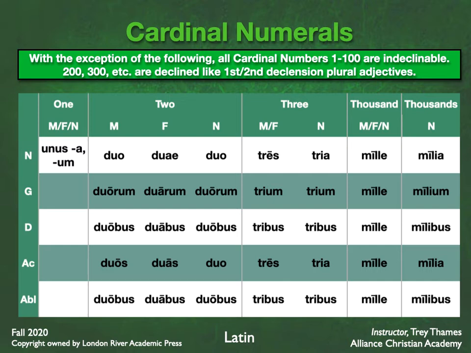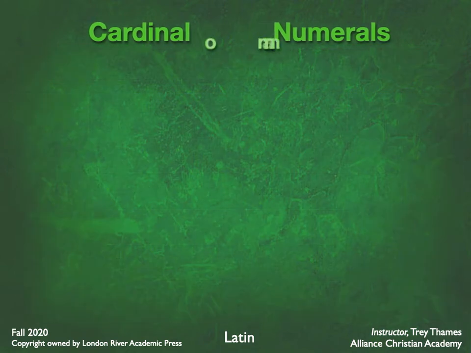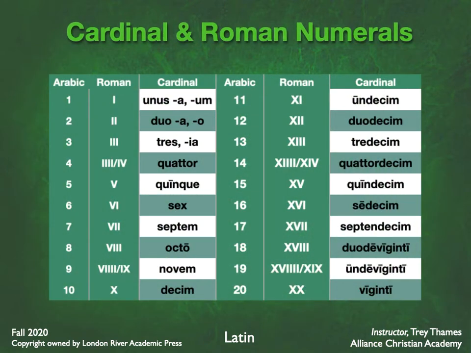The rest of the numbers basically are indeclinable. So these words you can work on memorizing. Let's take a look at this chart, which shows you the Arabic numerals, the numbers you're used to using, 1 through 20, and then the Roman numerals, which I'm sure you've learned long ago.